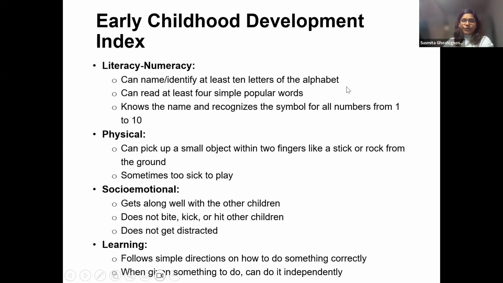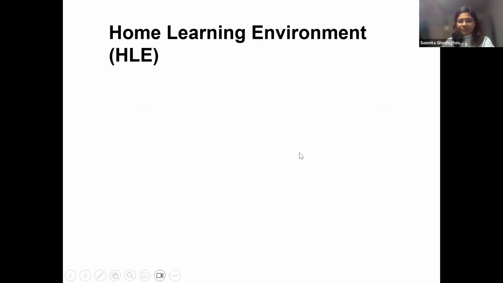So when we are trying to get the child development index, if the child is developmentally on track in 3 of these 4 domains, then we can say the child is developmentally on track. So this is how we get the early childhood development index.